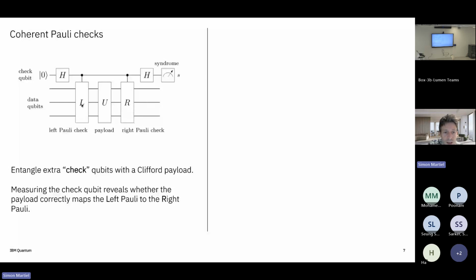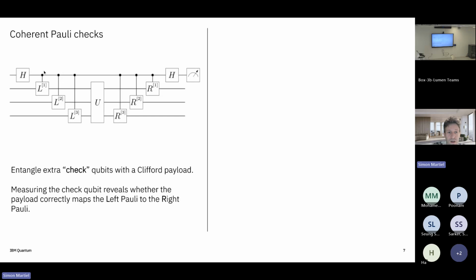So those two, L and R, should cancel each other, meaning that the syndrome we expect to measure on the check qubits should always be 0 in the case where there is no noise. And this is true for any appropriate pair of L and R. So basically, if we measure something that's not 0, it means that some error occurred within U, some error that anti-commuted with R. And so we can discard the run if this happens.